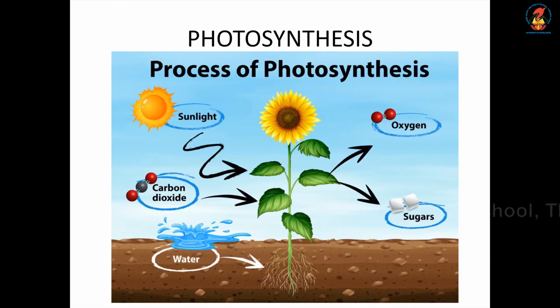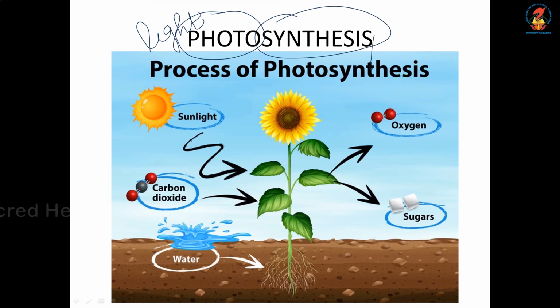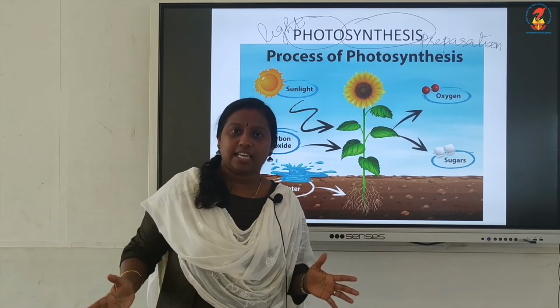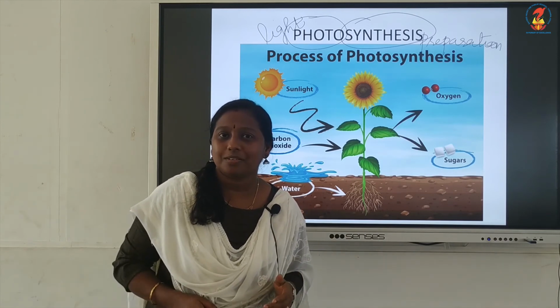Photosynthesis. Now, what is photosynthesis? Photo means light, in the presence of light. Synthesis means preparation. So, what do you mean by photosynthesis? The process of preparing something in the presence of light. That is photosynthesis.